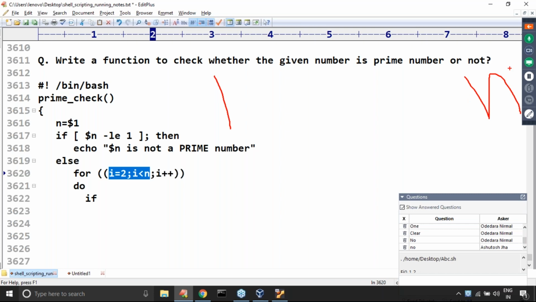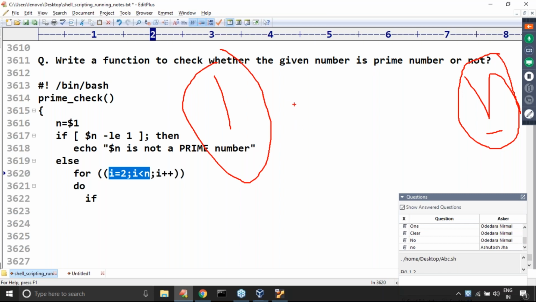I left 1 and n, because any number is divisible by 1 and by the given number itself. So in the middle, from 2 to n minus 1, I have to check whether you have any factor or not.